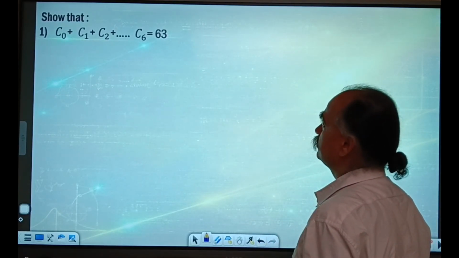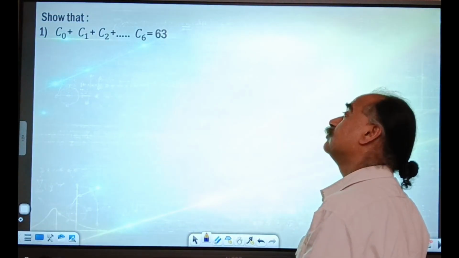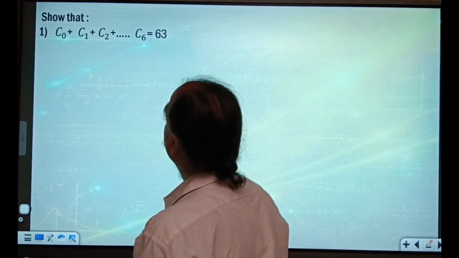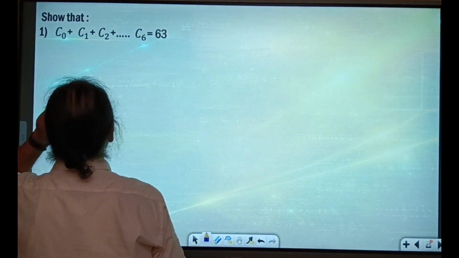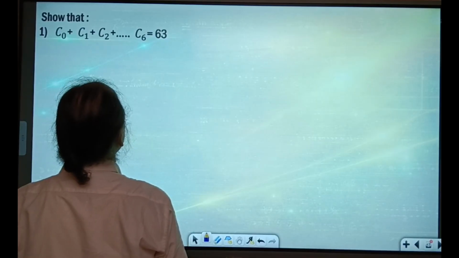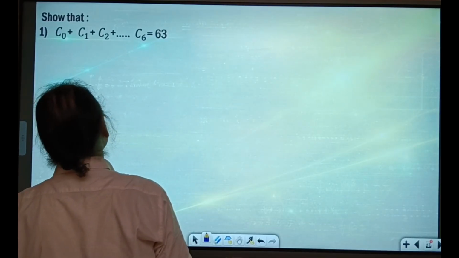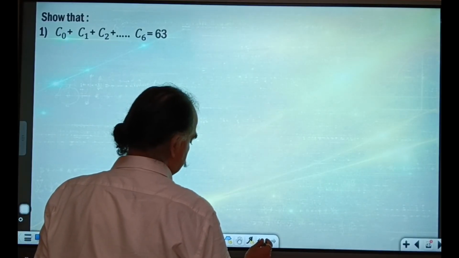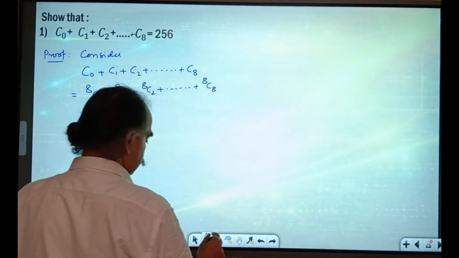C0 plus C1 plus C2 up to 2 raised to 6. There should not be C0 here. 2 raised to 6, 64 minus C0, which is 1. There is a mistake in this.